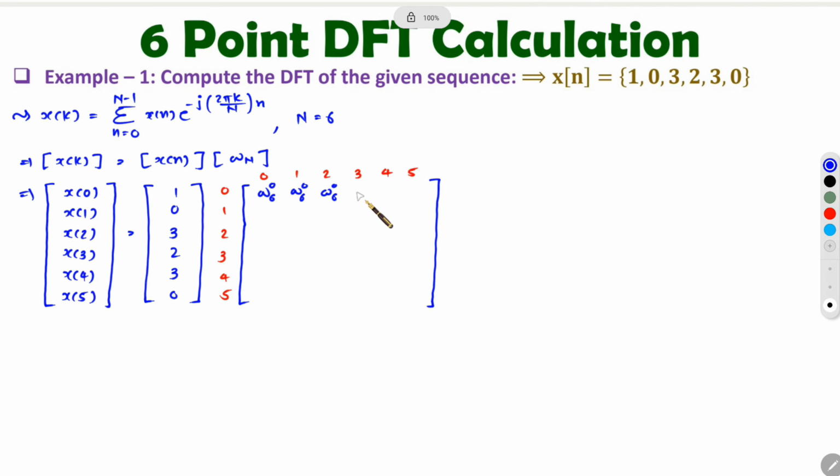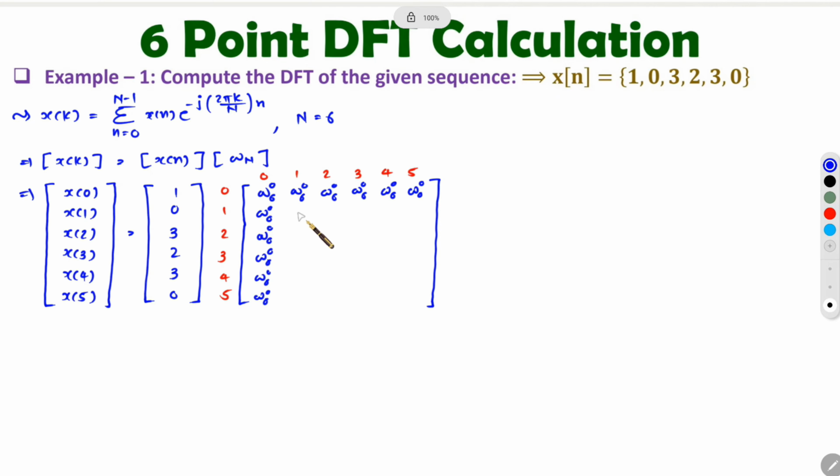Likewise you need to multiply these elements with this element to get power. So here we have W6 to the power 0 horizontally, and over here we have W6 to the power 0 vertically. The reason is if you multiply 0 to 5 with 0, then power will be 0.